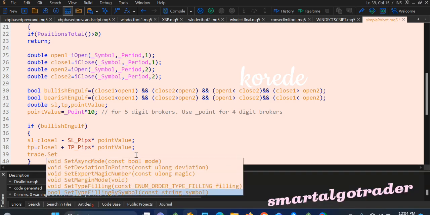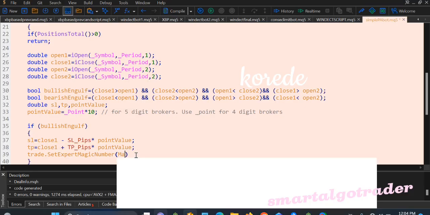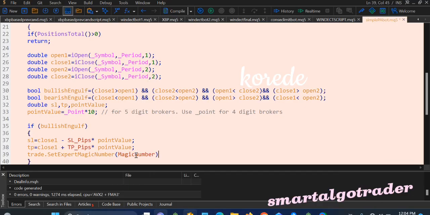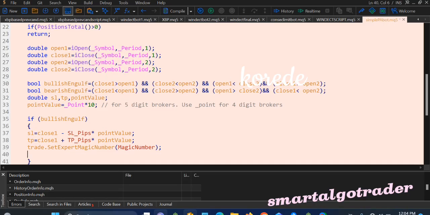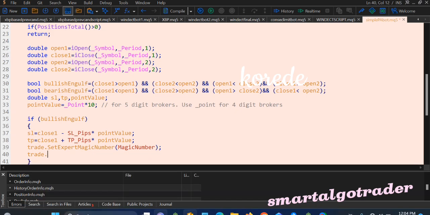Set expert, is it there? Okay. So I already explained the magic number. Don't forget about that. Let's see if we have no error yet. Yeah, no errors. I told you you can get your information there, the description of the code, and then trade dot buy.